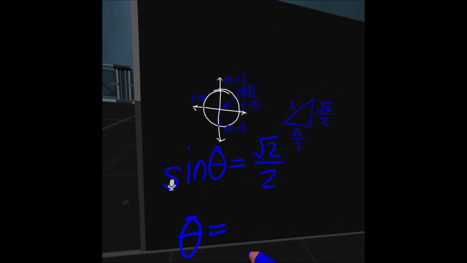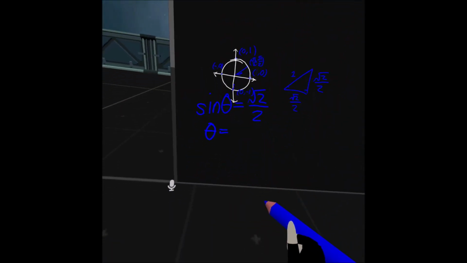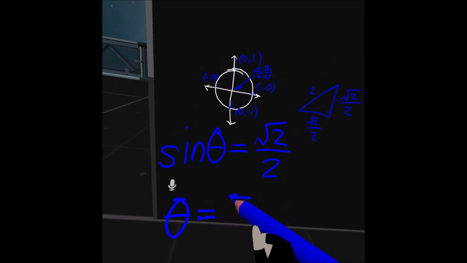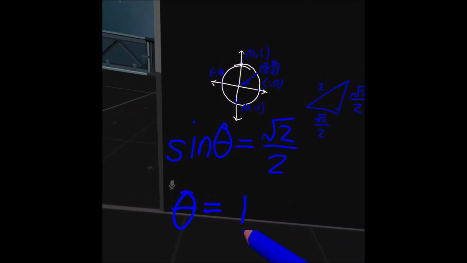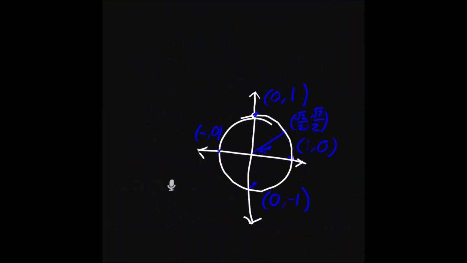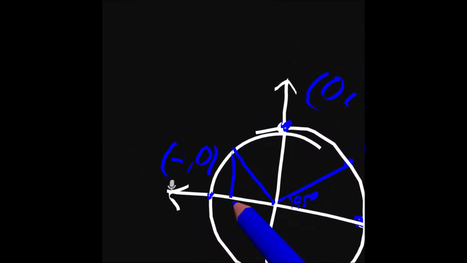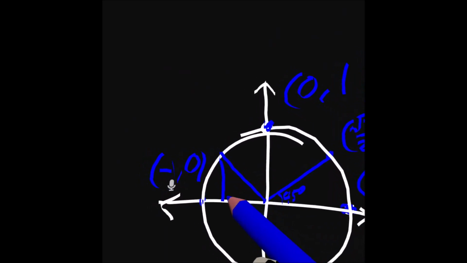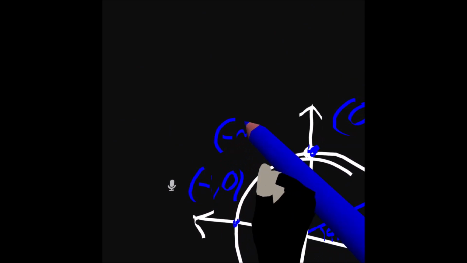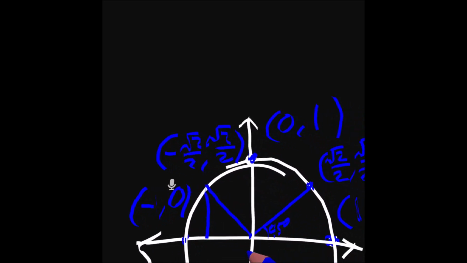So theta is going to be 45 degrees. Okay, but this is not the only solution. Sine here is also root 2 over 2 because this is negative square root of 2 over 2, and then root 2 over 2 right here.